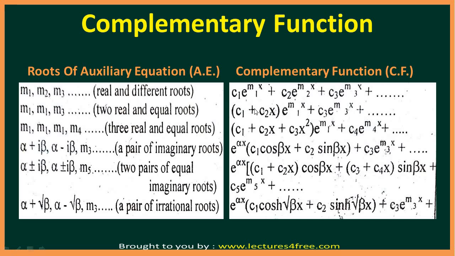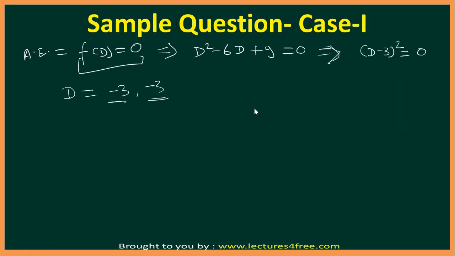In this case our m1 is 3, so the complementary function is c1 plus c2x into e to the power 3x.